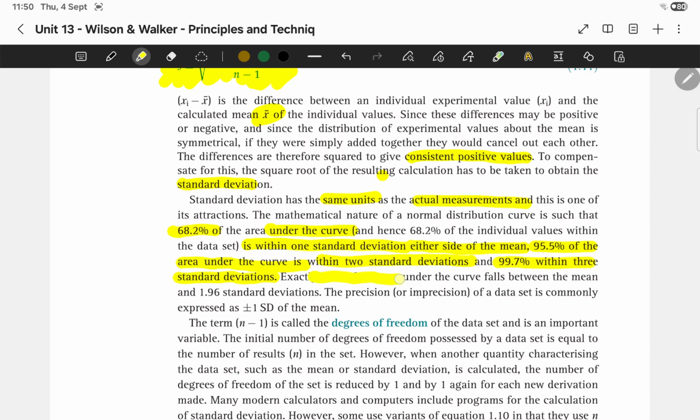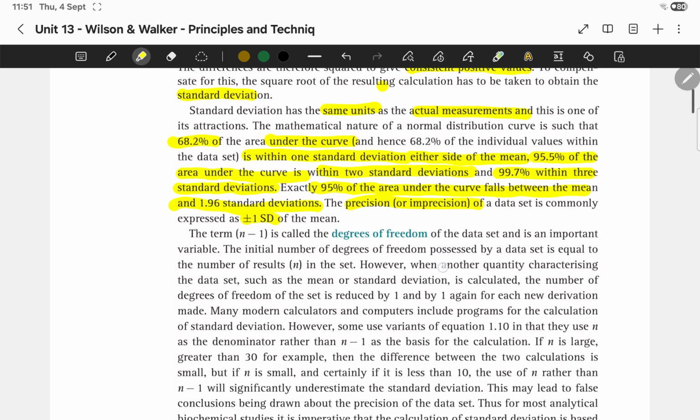Exactly 95% of the area under the curve falls within 1.96 standard deviations of the mean. The precision or imprecision of the data set is commonly expressed as plus or minus 1 standard deviation of the mean.